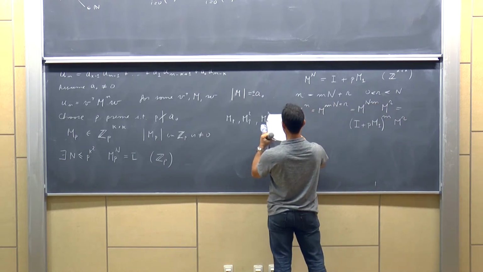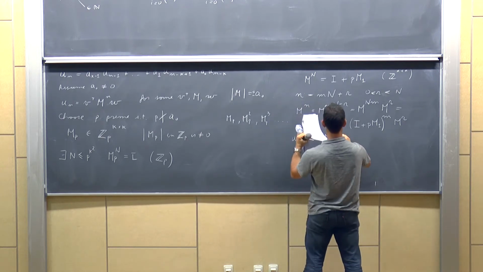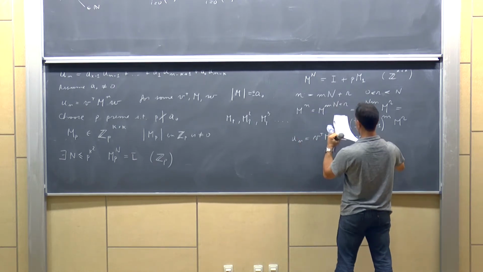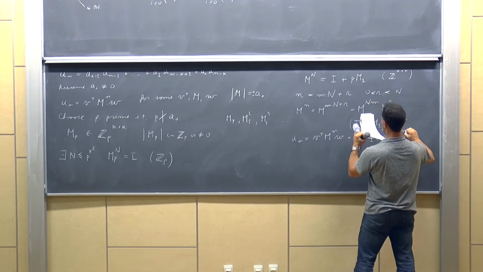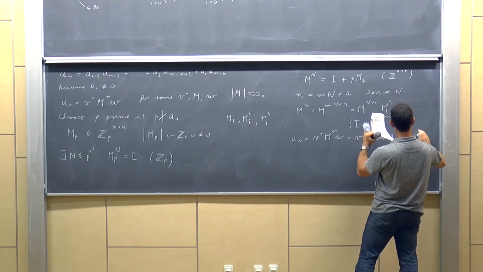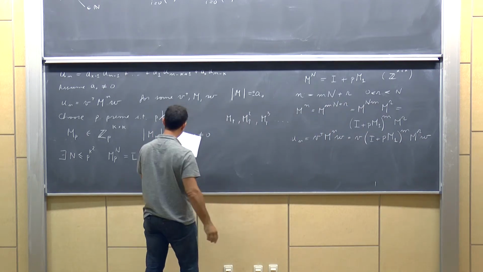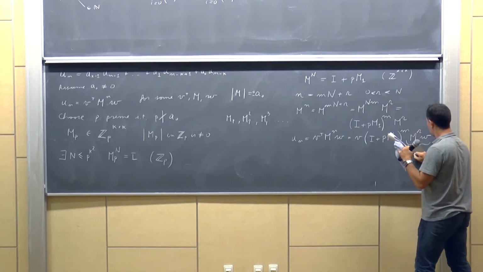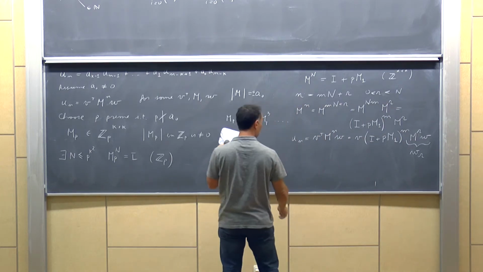And now I can write un, which is v transpose M to the N w. So that's v times I plus P M1 to the m times M to the r times w. Okay, I'll let you look at this for a sec. And so this M to the r w I'm going to call w sub r. It's just some vector.